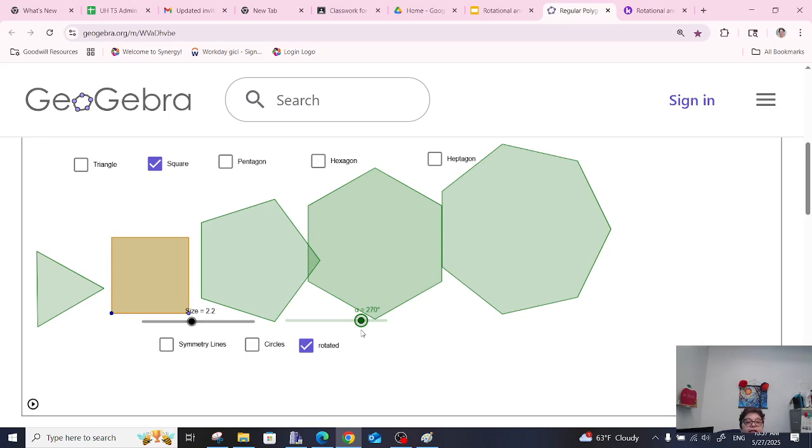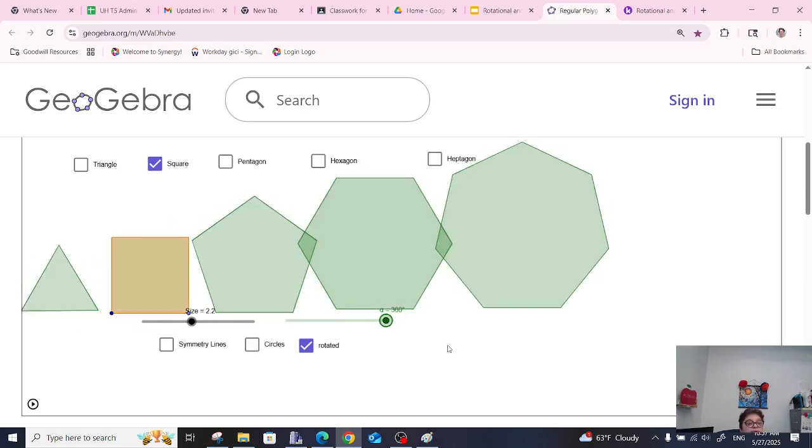There it is. And then what's 270 plus 90? 360. So you should have all 4 of those numbers written for the degrees of rotation. 90, 180, 270, 360, right?